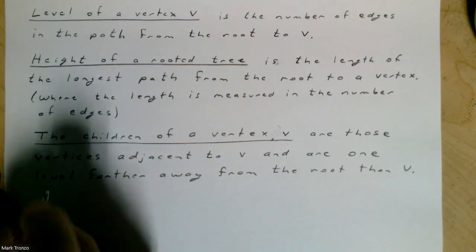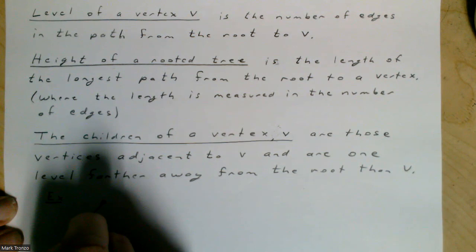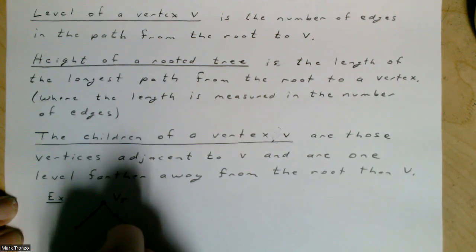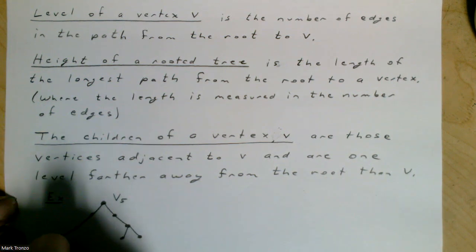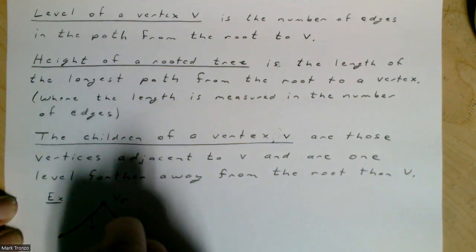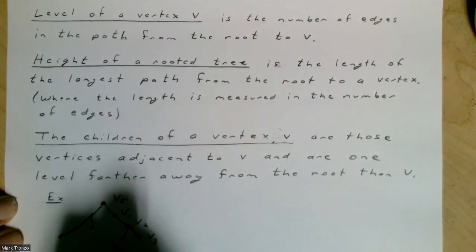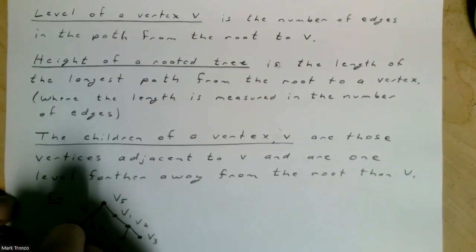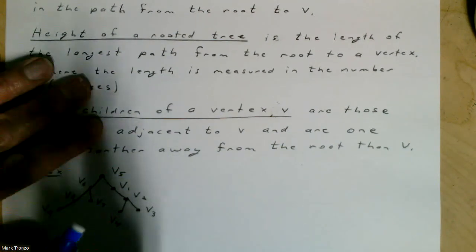Let me just do an example real quickly here. Let me call this one V5, and call that our root. And we'll call the others V1, V2, V3, V4, V6, V7, V8, V9.